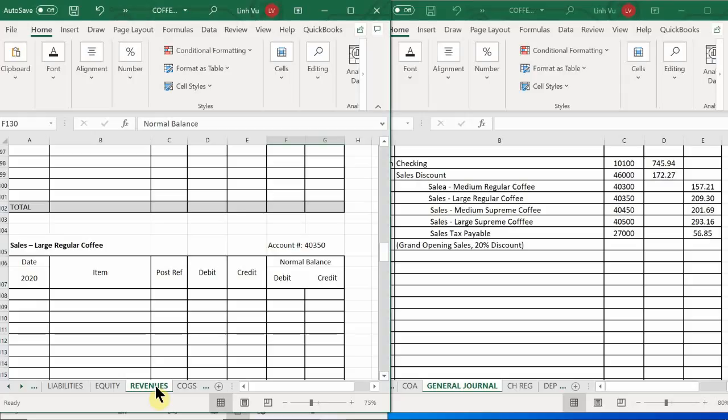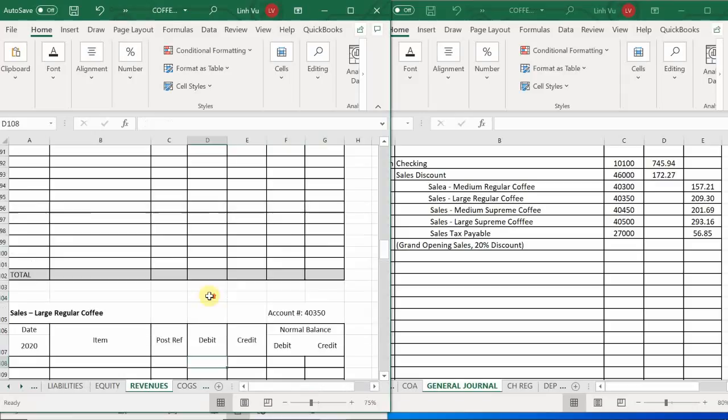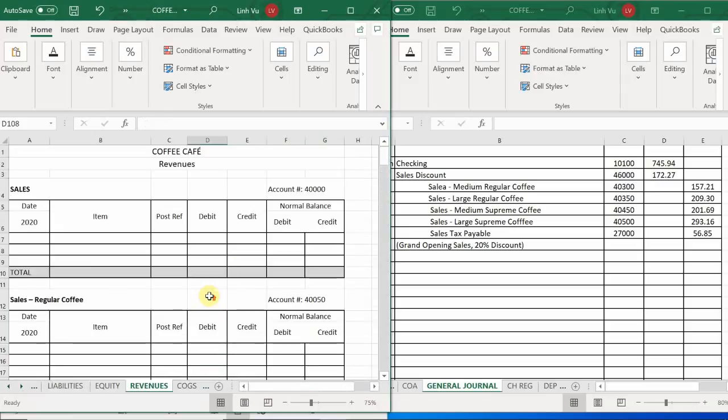You'll have holes in your accounts because you just stopped right here and decided to make your deposit right then and there, and then came back and you don't remember what you recorded. Okay, so here we're in my revenues.